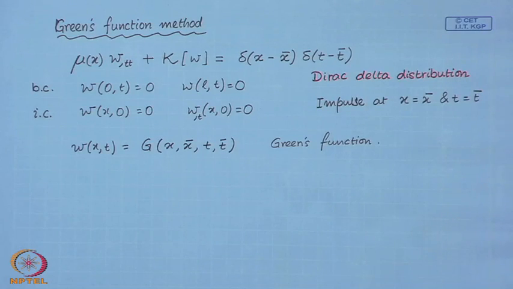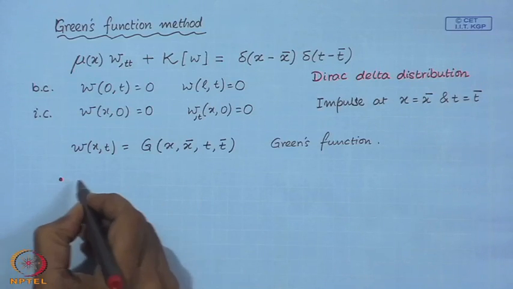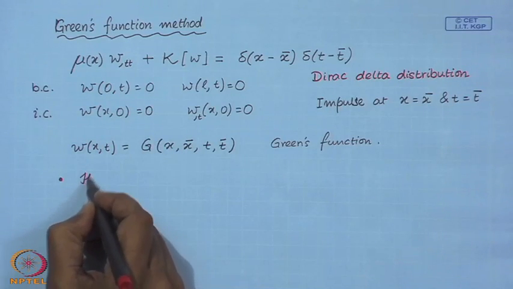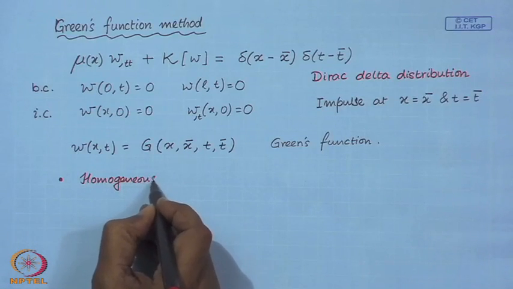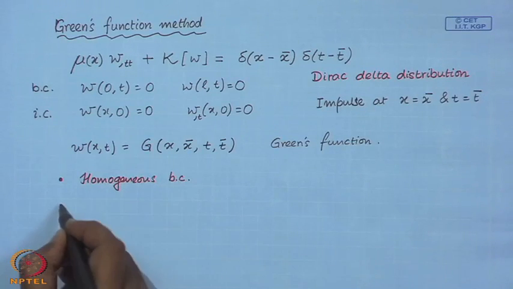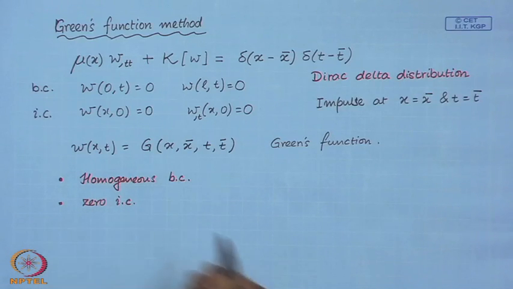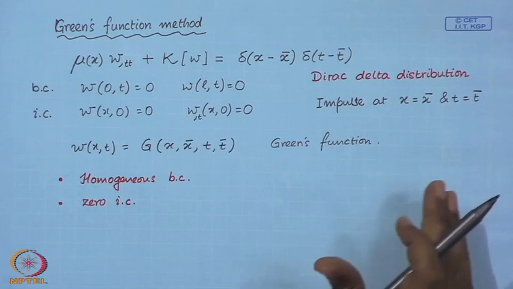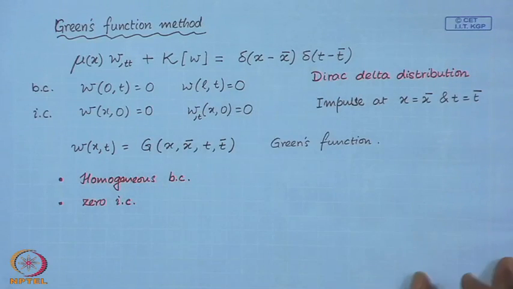So, these points are important, that we have homogeneous boundary conditions and 0 initial conditions. So, always this Green's function is calculated with these conditions.